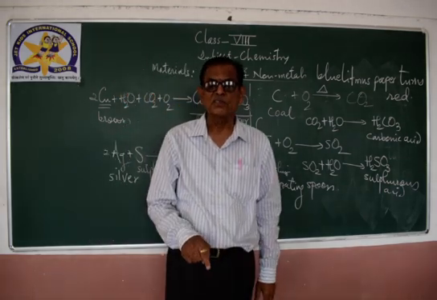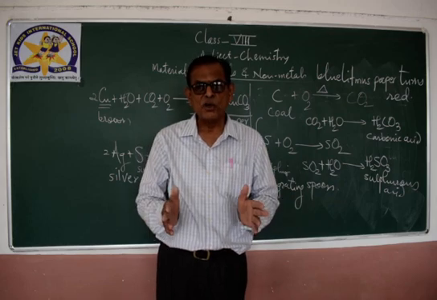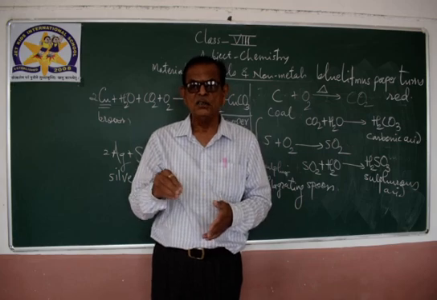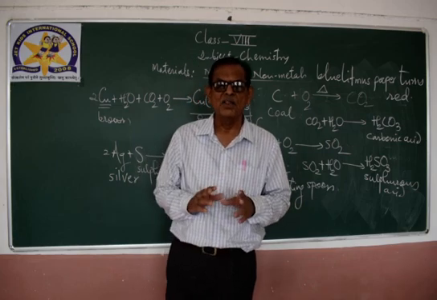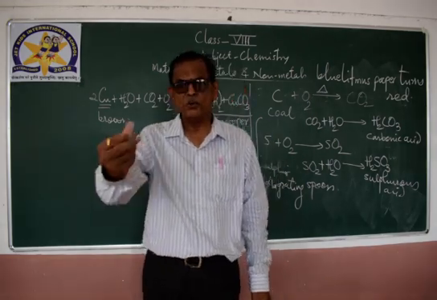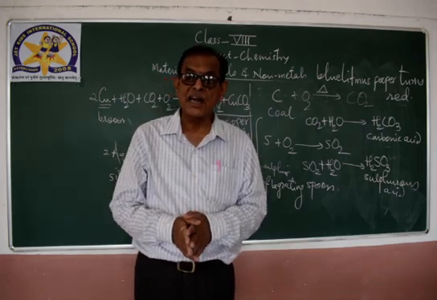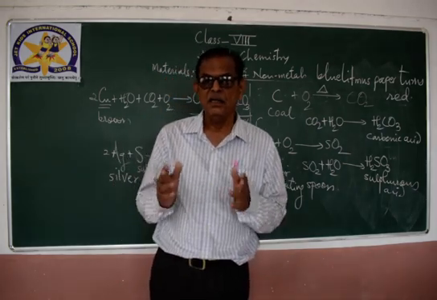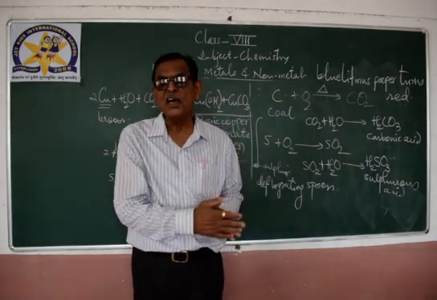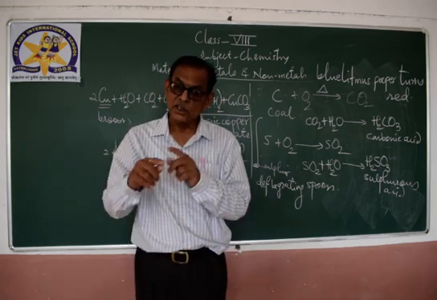But phosphorus has two or three allotropes: red phosphorus, white phosphorus, yellow phosphorus, etc. And phosphorus is highly reactive. When exposed to the atmosphere, it starts burning, and therefore the non-metal phosphorus is stored in water.